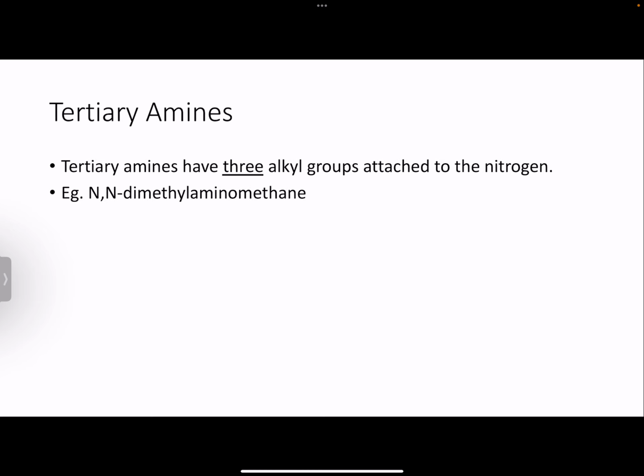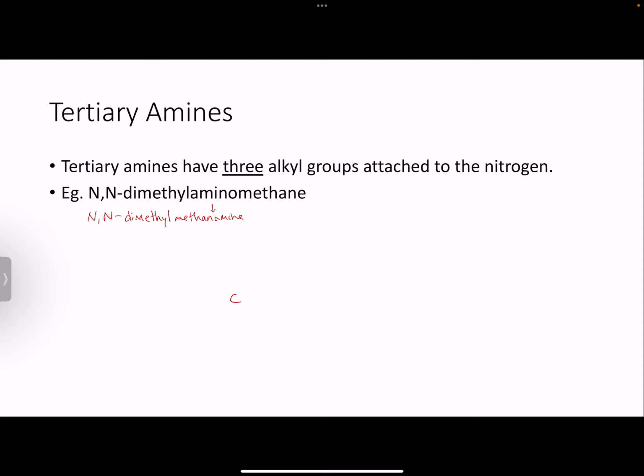Lastly, a tertiary amine is just a hydrocarbon that has a nitrogen and 3 others attached to it. So to rewrite this as the main chain, say dimethyl methanamine. Now I don't need a number here because there only is one carbon, but if I needed to, I would put it between the methan and the amine part right there.